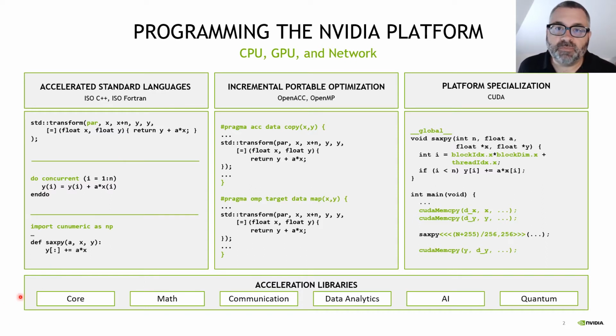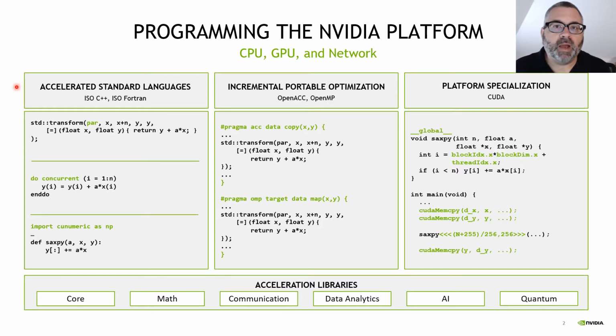The foundation of this is our accelerated libraries. We have a rich set of accelerated libraries for math, for parallel algorithms, for communication, data analytics, AI, and more. On top of that foundation, we provide three different approaches for parallel programming. And today I'm going to be focusing primarily on this one on the far left, accelerated standard languages.